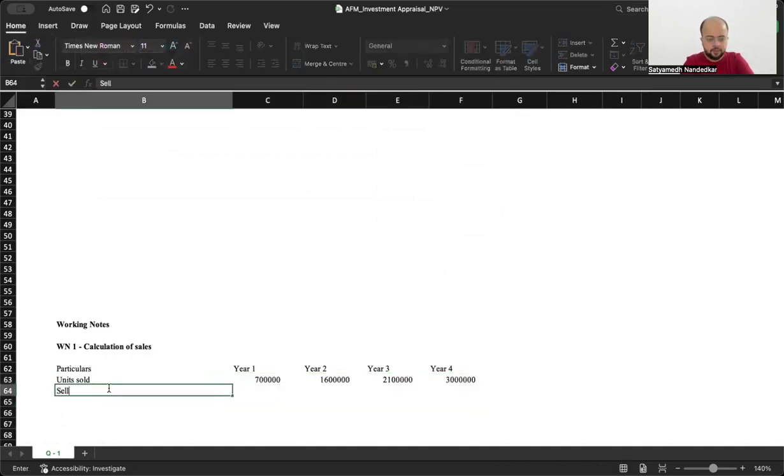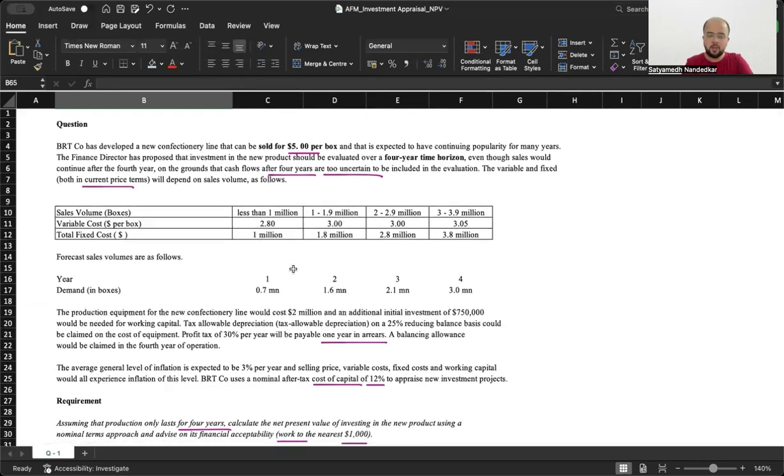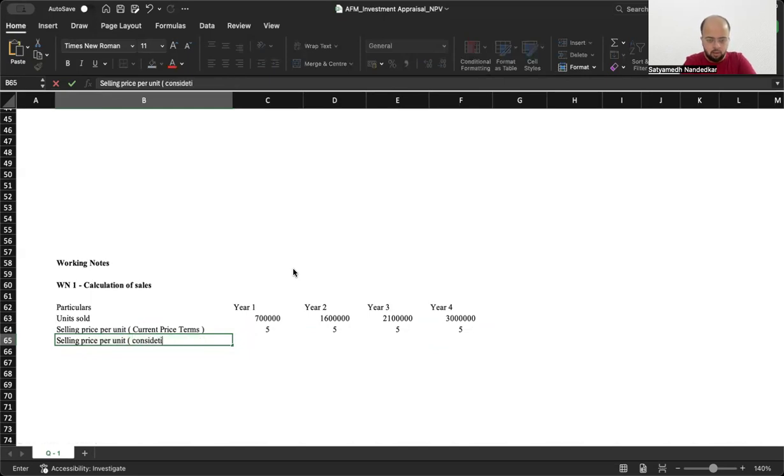Selling price per unit, current price terms, how much is it? $5 per box. This is without considering the impact of inflation. Now selling price per unit considering 3% inflation.